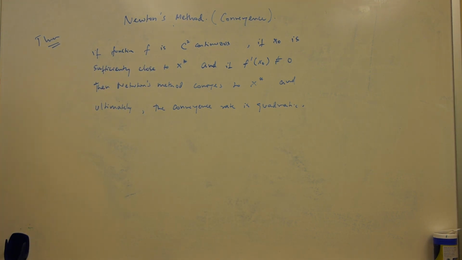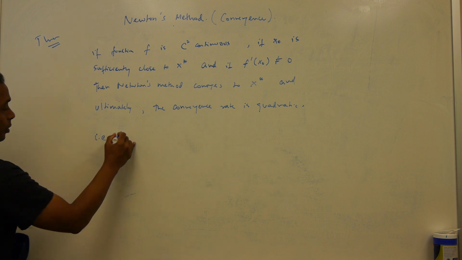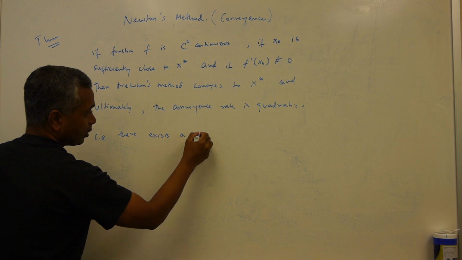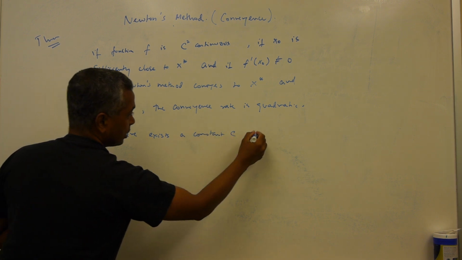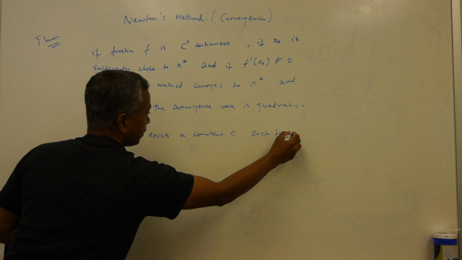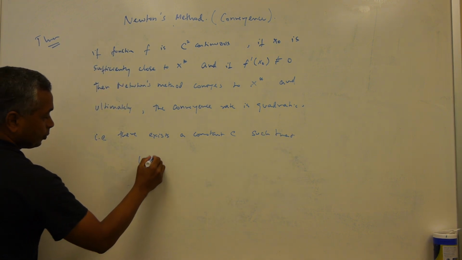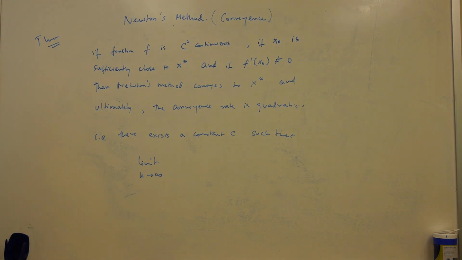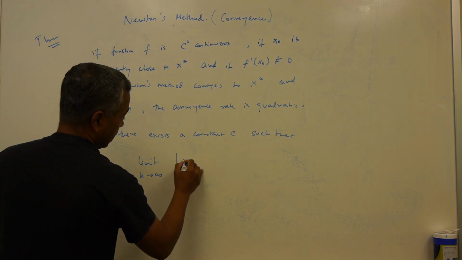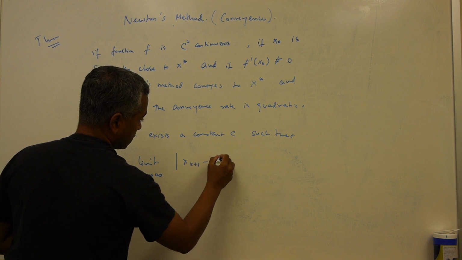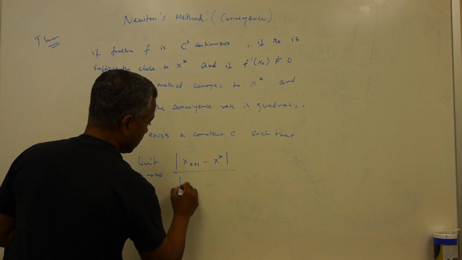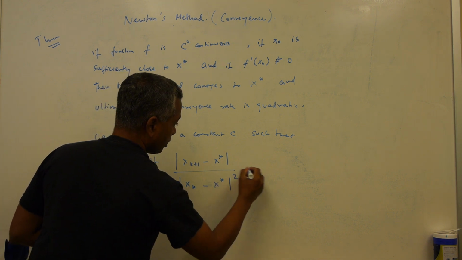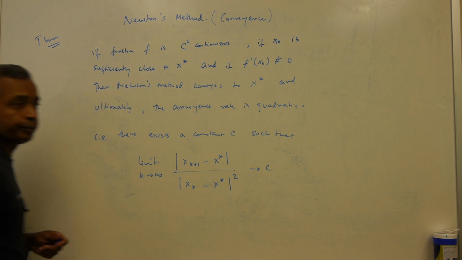Okay? In other words, there exists a constant c such that the limit as the number of iterations becomes large of |x_{k+1} minus x star| divided by |xk minus x star| squared approaches c.